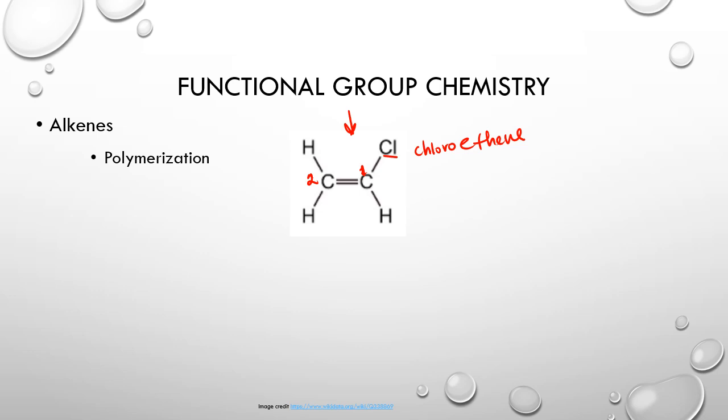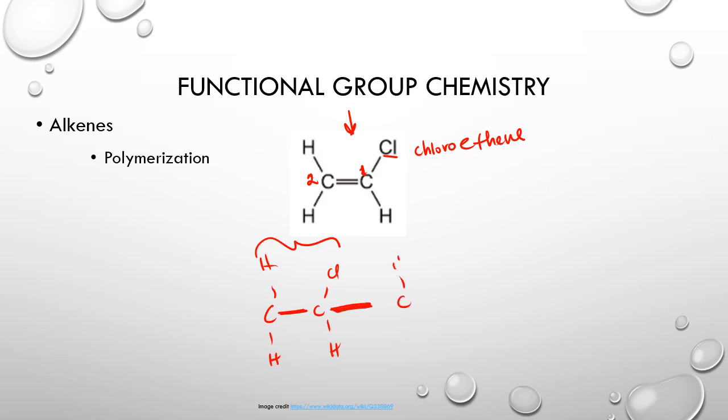In order to polymerize it, what I'm going to do is put more of these next to each other. So I'm going to have C, C, Cl, H, H, and H. I'm going to repeat this chloroethene molecule, but I'm going to take away the double bond. I'm going to use the other part of the double bond to make the connection to the next molecule.